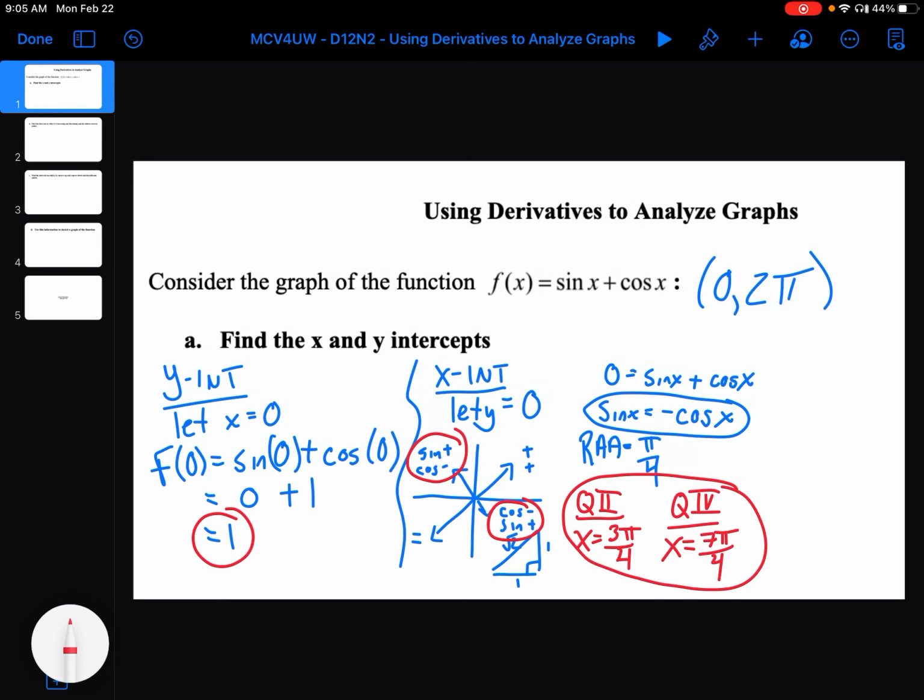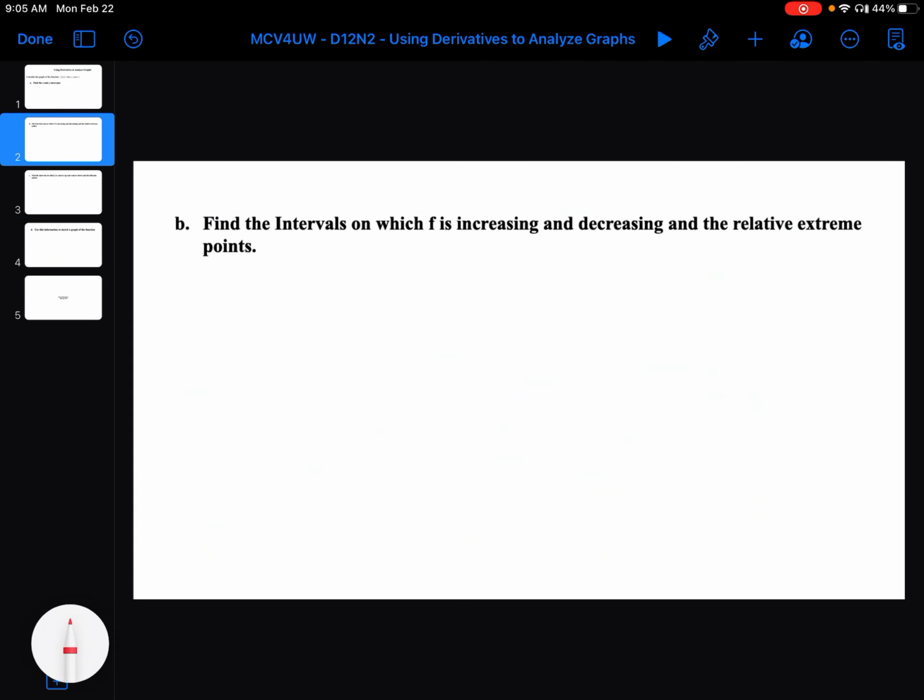So next, find the intervals on which f is increasing and decreasing, and where the relative extrema are. We know that the function is increasing and decreasing based on our derivatives.